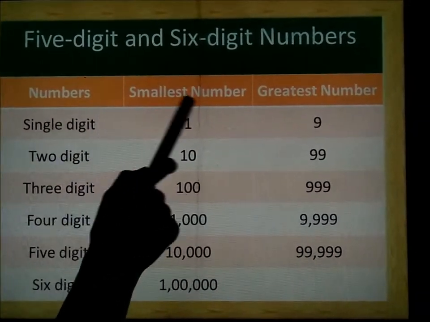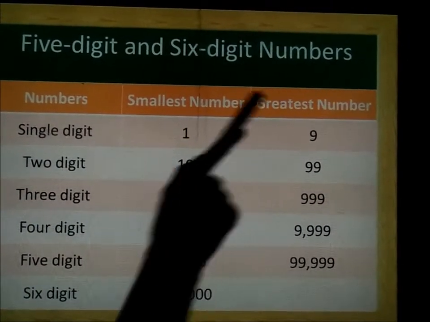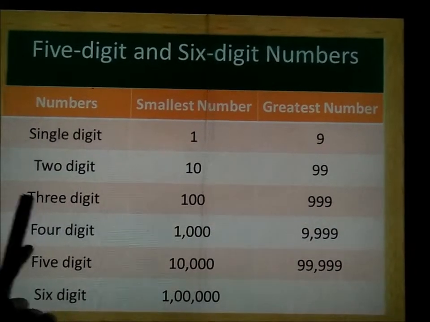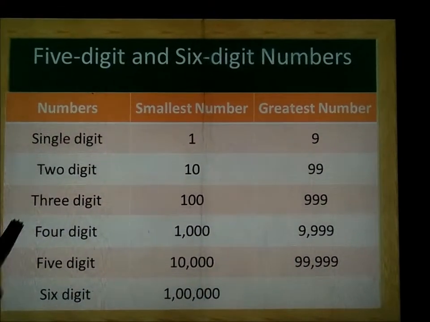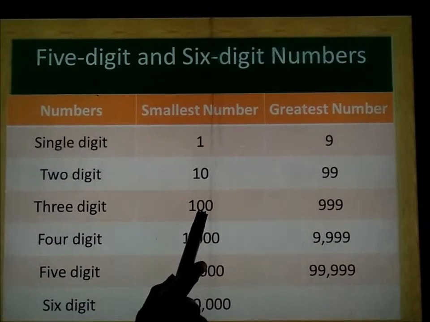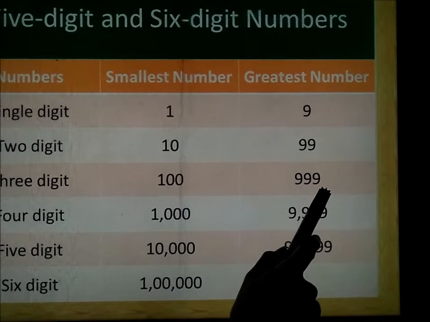Next, the smallest 2-digit number is 10 and the greatest 2-digit number is 99. You are right. I can hear some of you screaming and telling the answer. The smallest 3-digit number is 100 and the greatest 3-digit number is 999.